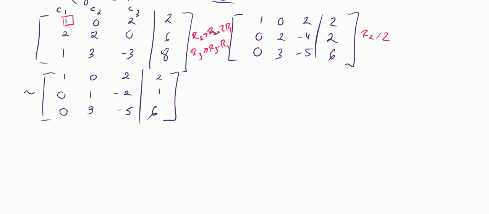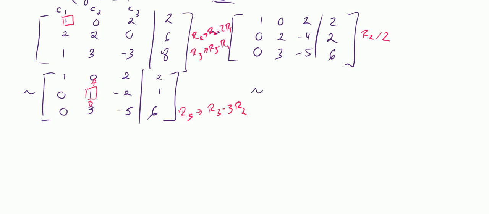So now I'll start with this guy. There's nothing here. So now I'm just doing Gauss-Jordan elimination. There's nothing here. So I'll check here if I need to row reduce, and I do. So I'll do R3 is equal to R3 minus 3 R2.